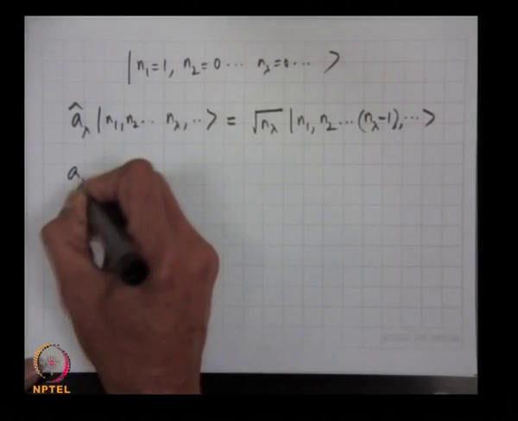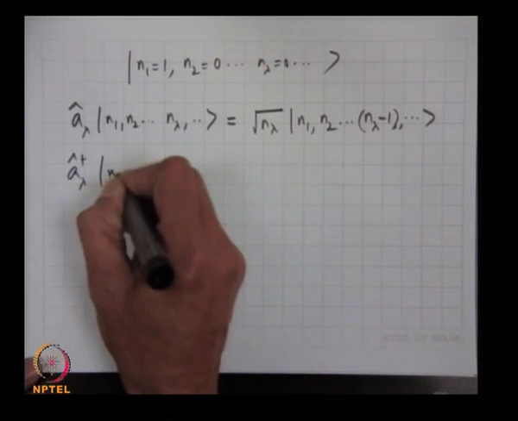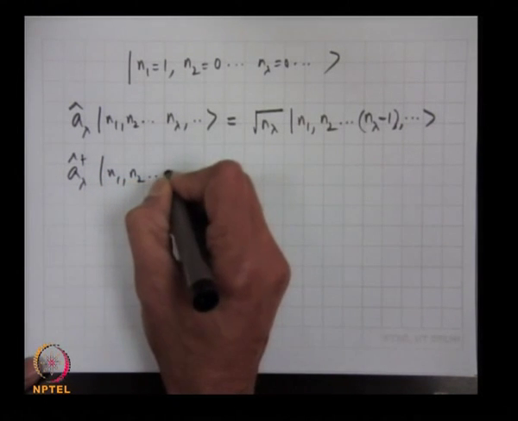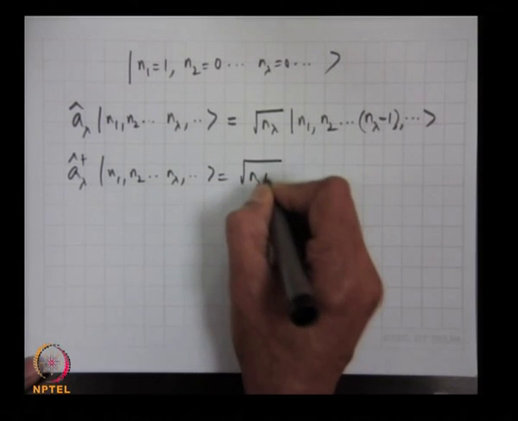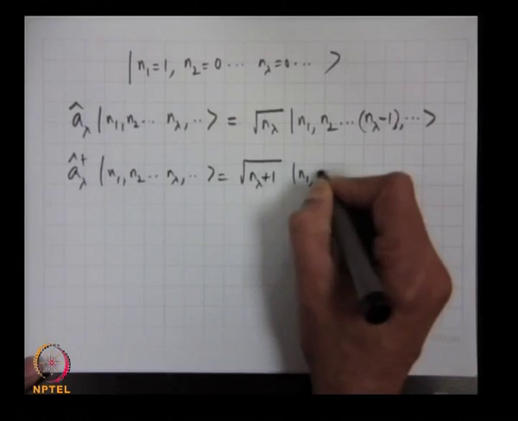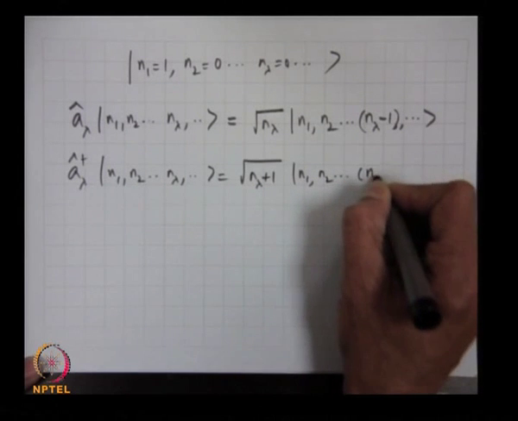Well, we'll discuss further. Let me write out the other equations. A lambda dagger acting on n1, n2, ..., n lambda gives the square root of n lambda plus 1, times n1, n2, ..., n lambda plus 1.